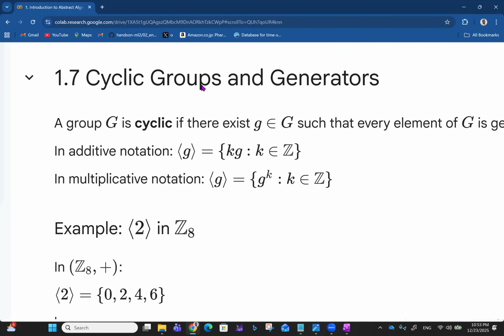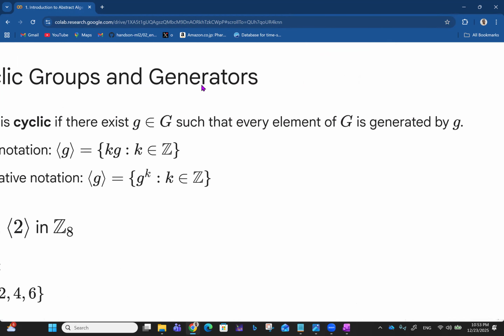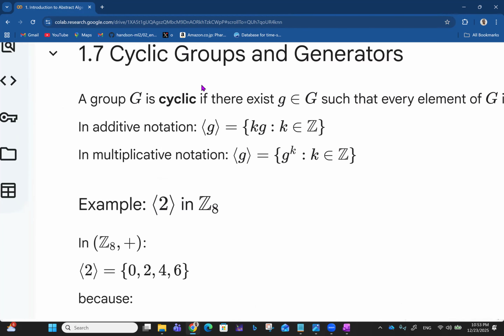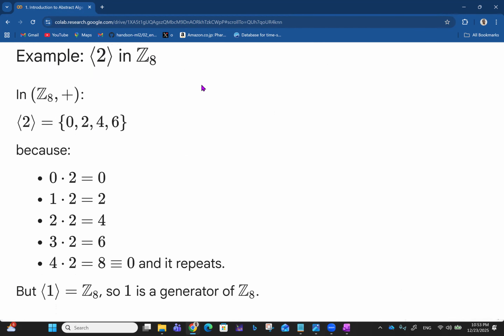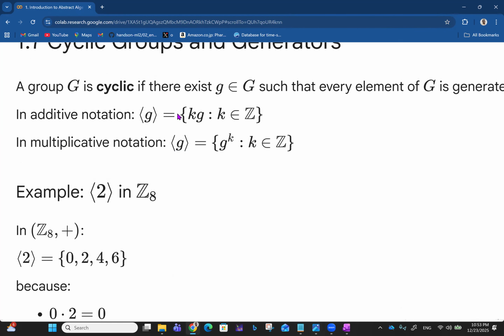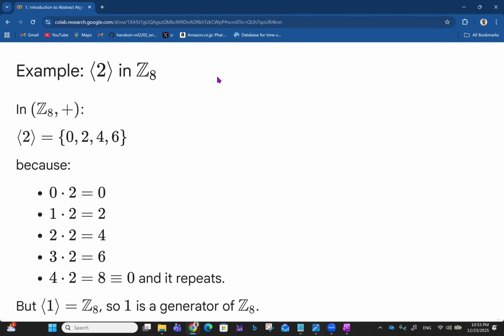We're saying that here the g, the generator, the element in G that generates, and we have the rule that for addition, it's just multiples of that g. So we have 2 here in Z8. In Z8 addition, we already know we just have kg, with k being integers, but it must still obey the rule of the set you are putting it in.